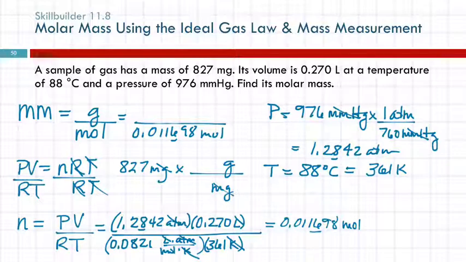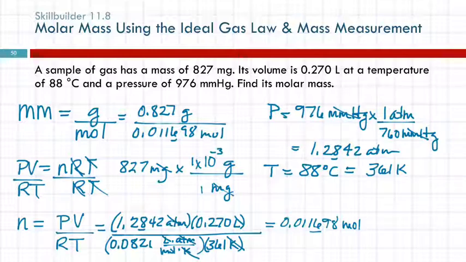Milli means 10 to the minus 3. I have milli in the denominator. I don't have anything representing milli in the numerator, so I'm going to put what milli means up there, 10 to the minus 3. So that ends up being 0.827 grams. So I have 0.827 divided by 0.011698 equals.